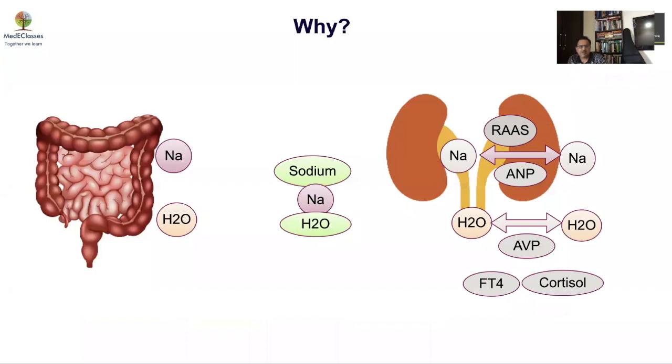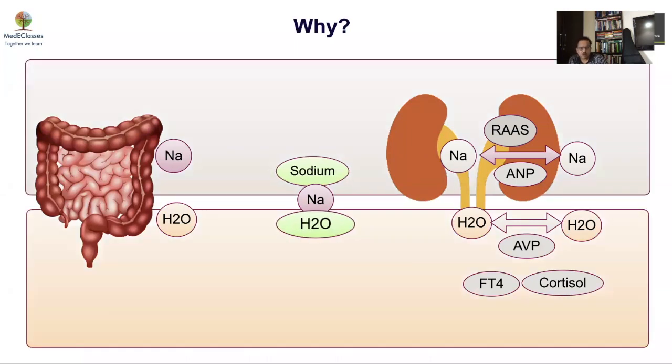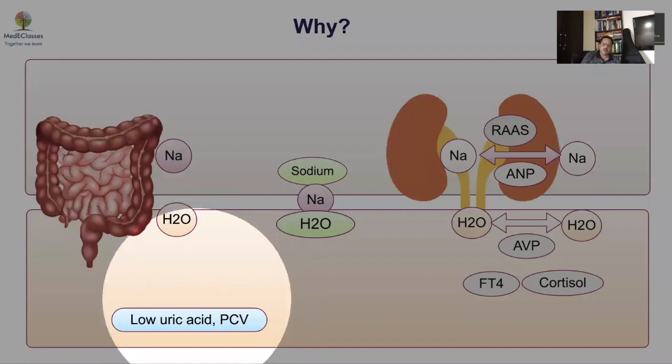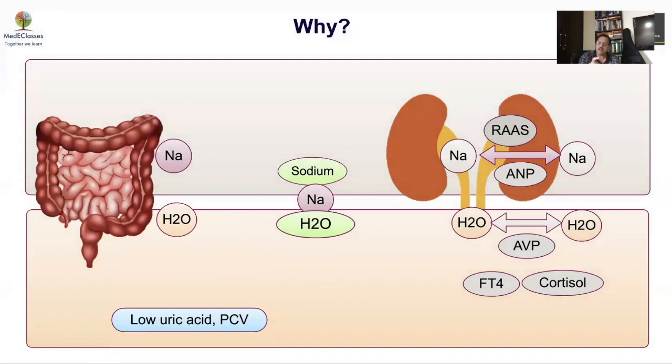So hyponatremia can happen if there is too much fluid or too little sodium. Too much fluid is associated with overhydration. Often clinical parameters are difficult to identify, so I always put emphasis on uric acid levels and PCV. Uric acid is unique in that its urinary excretion is dependent on the volume status. More volume, more excretion, less uric acid.